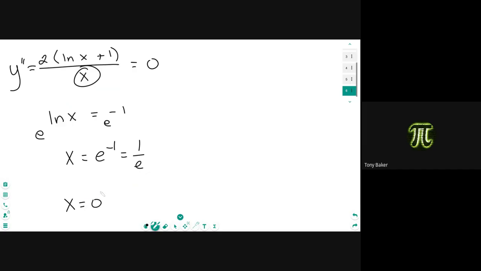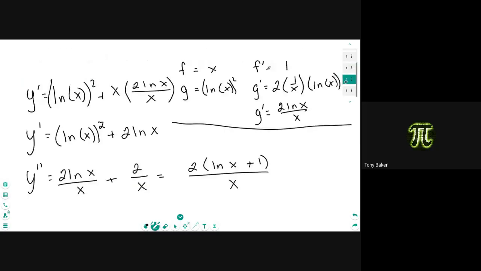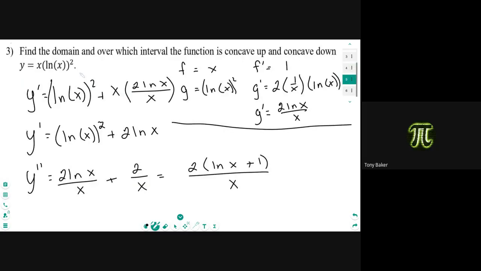So I have 2 critical numbers. However, only one of them is actually going to be a critical number. The 0 is not going to be a critical number because 0 is not in your original domain. Remember, your critical numbers still have to be within the domain of the original function. So in this case, my original function has an ln of x in it, and ln of x can't be 0.